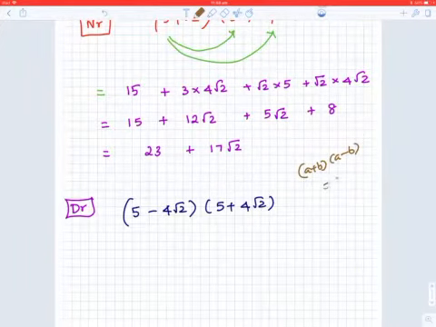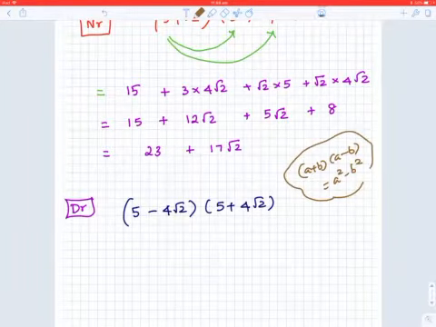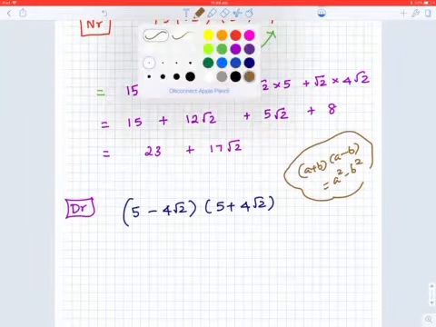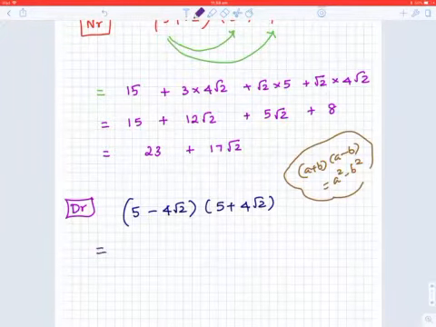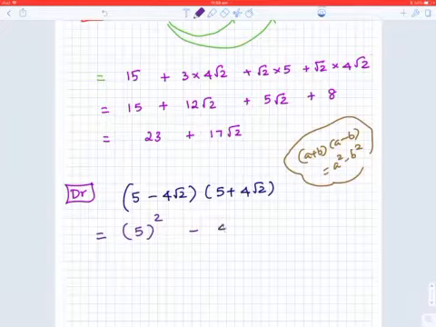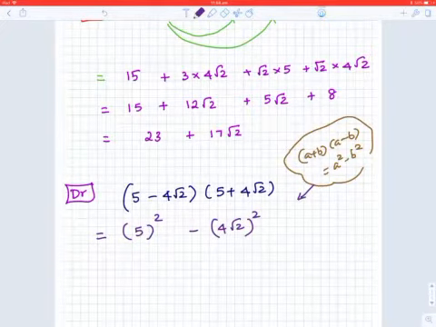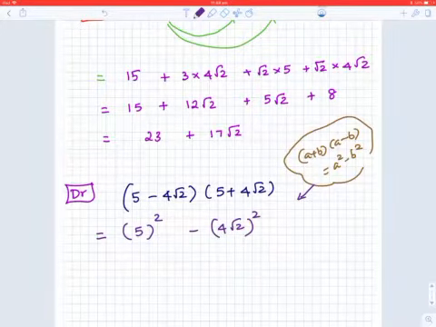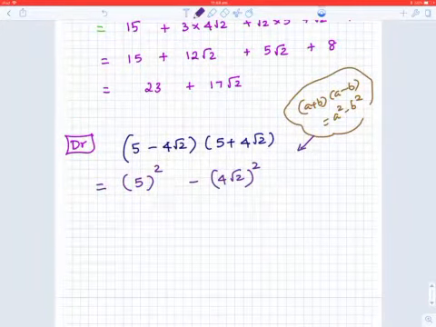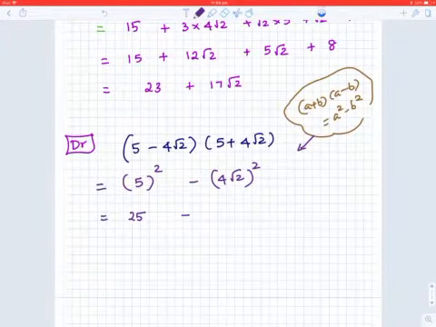Now we have to remember a plus b times a minus b equals a square minus b square. We have to remember that. By applying that rule, I'm just going to get 5 square take away 4 root 2 square.